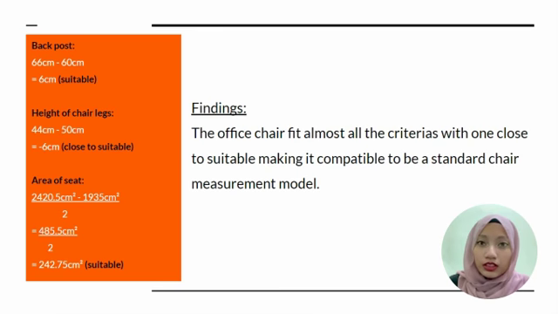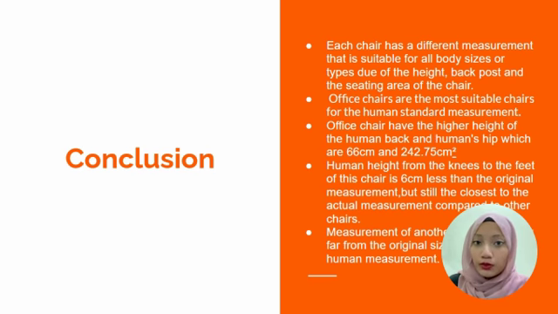We got 242.75 centimeters squared, which is suitable. Based on these three calculations, we have found that the office chair almost fits all of the criteria that we have set, with one close to suitable.